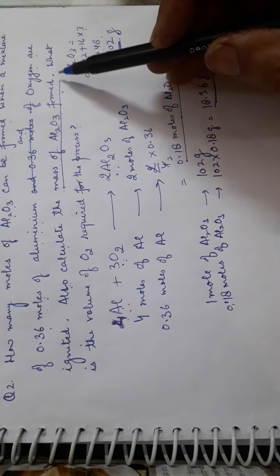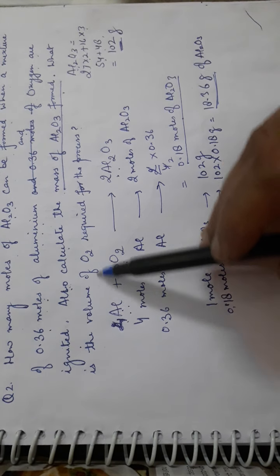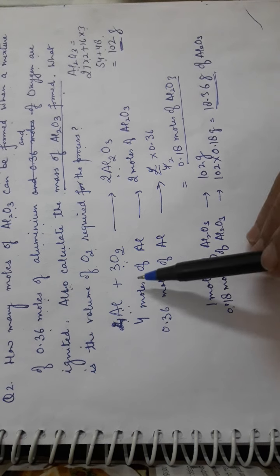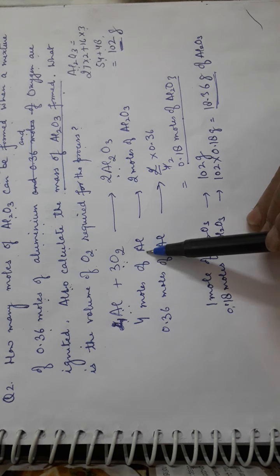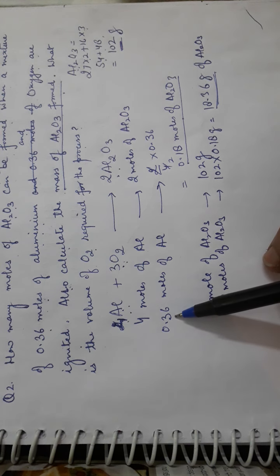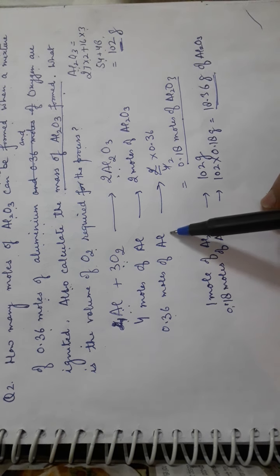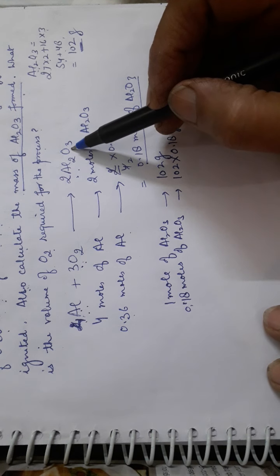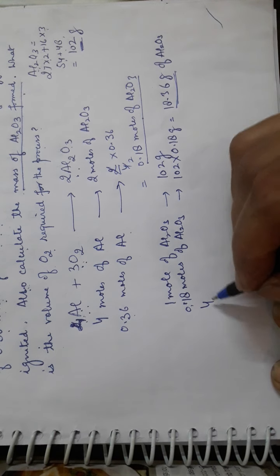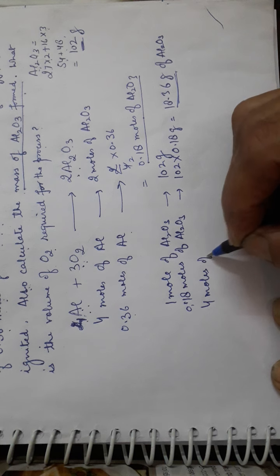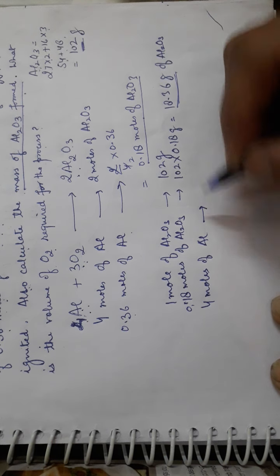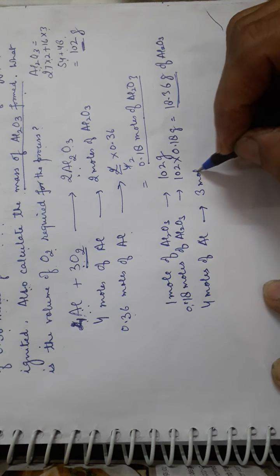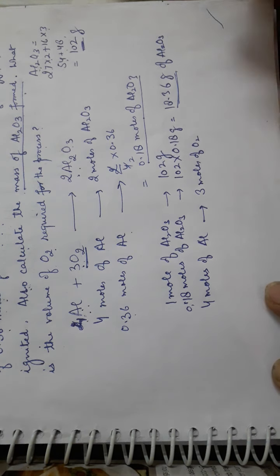One more thing is being asked in the question. What is the volume of oxygen required for the process? Let us see how much oxygen is required for the complete combustion of 0.36 moles of aluminium, which is given to us. We'll go back to the basic equation. 4 moles of aluminium require how much oxygen for complete combustion? 3 moles of oxygen.